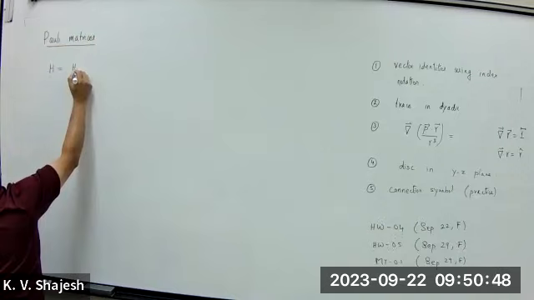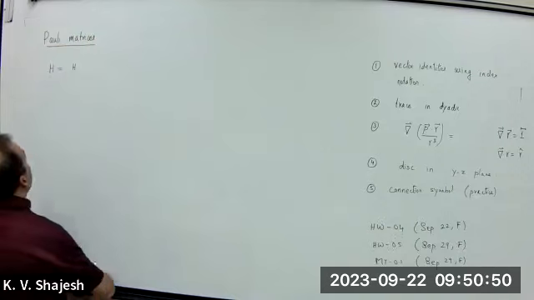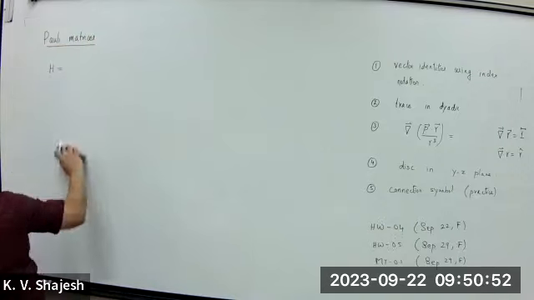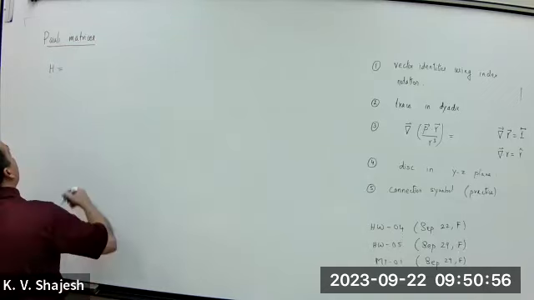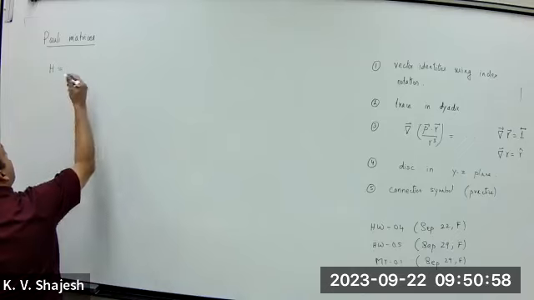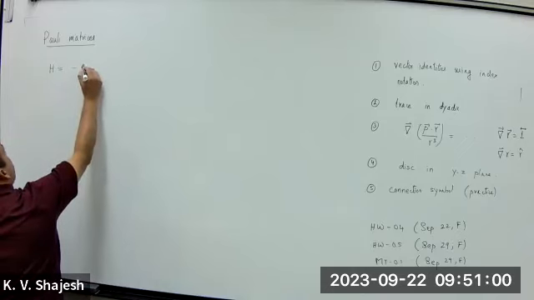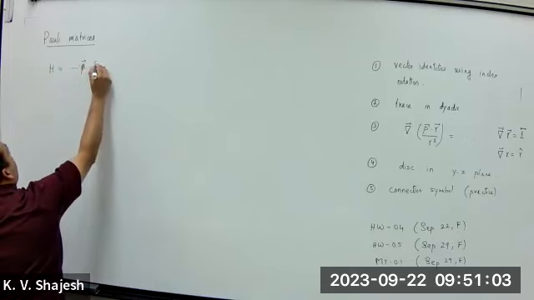It is minus mu dotted with B, right? That's for sure.